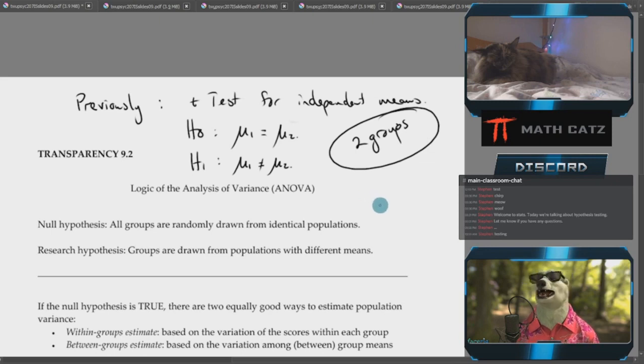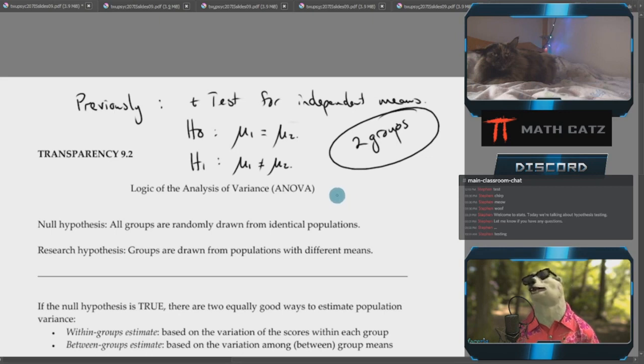So the interesting thing here is that we're not going to test and work with means in the same way. Ironically, how we are going to try and figure out if the means are the same or not is by looking at the variance instead.